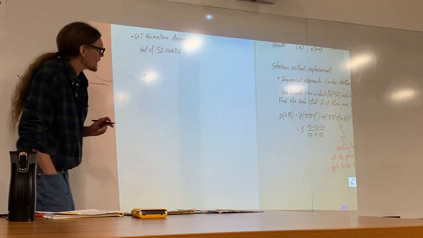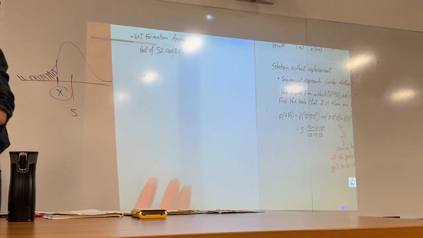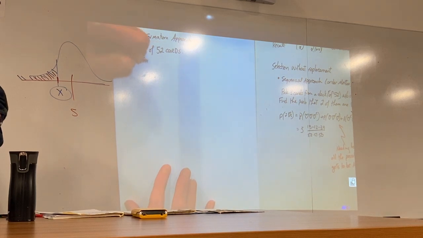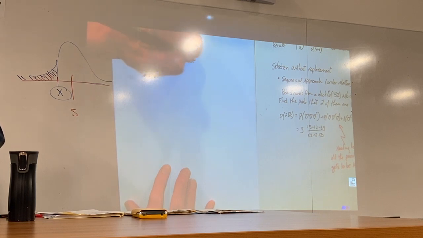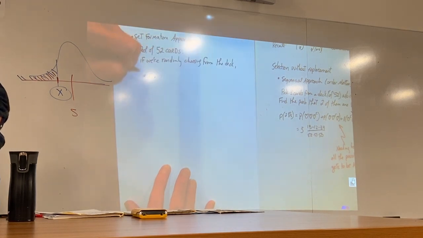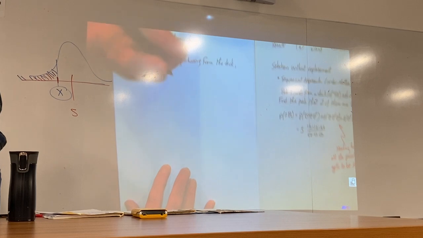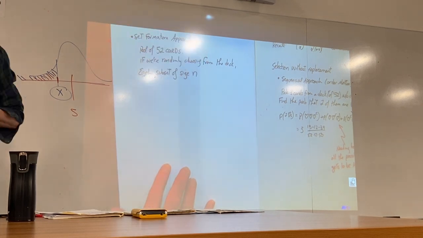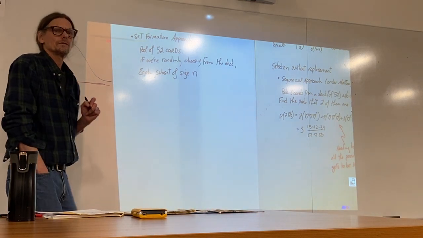And if I'm randomly choosing from this deck, each subset of size, whatever we call it, little n, is equally likely, right?